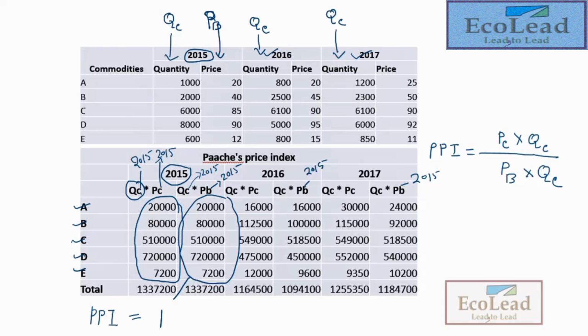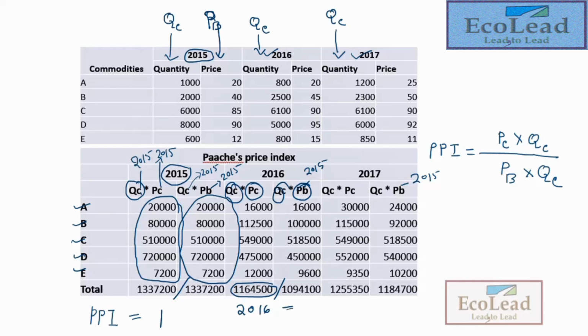Similarly, if we calculate the value for the year 2016, we divide the total value calculated by multiplying the current year quantity of 2016 with the price of 2016, by the total value of the quantity of the current year multiplied with the price of the base year.